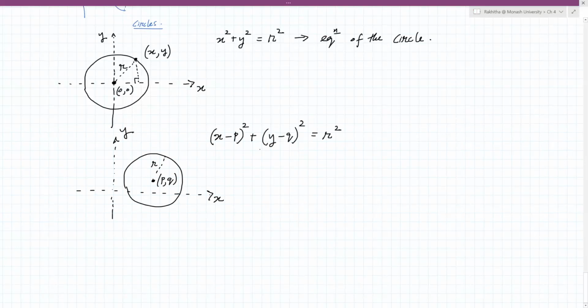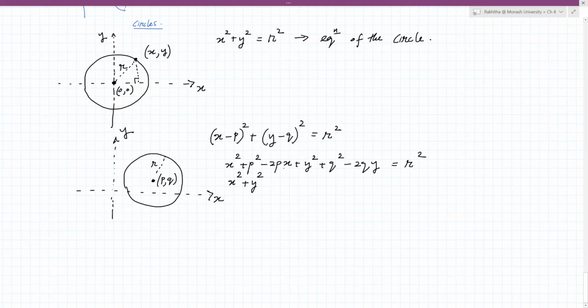Now, if you simplify this, you all know it's just bracket simplification. So it would be x squared plus p squared minus 2px plus y squared plus q squared minus 2qy is equal to r squared. Now, you are going to collect the similar order terms: x squared, then y squared.